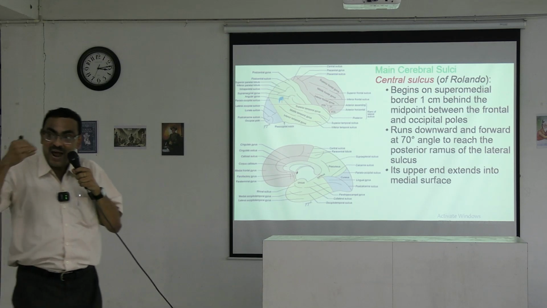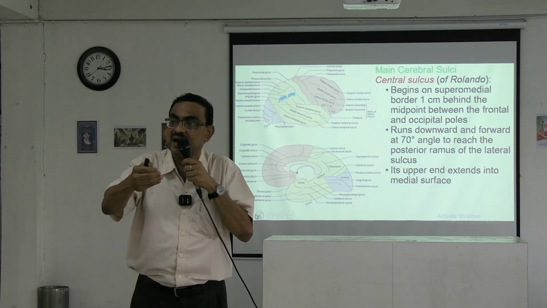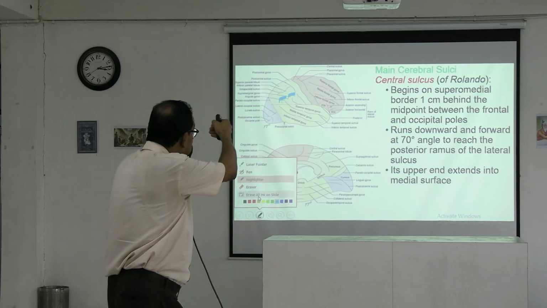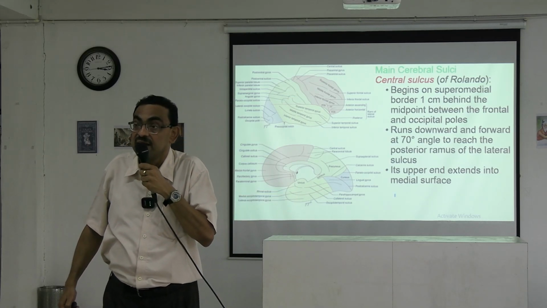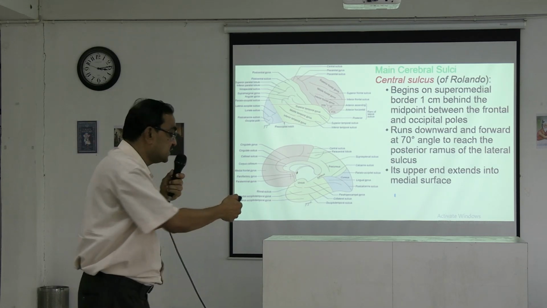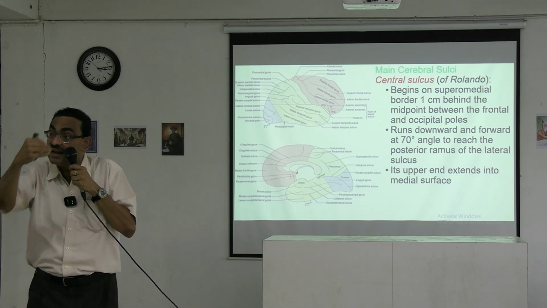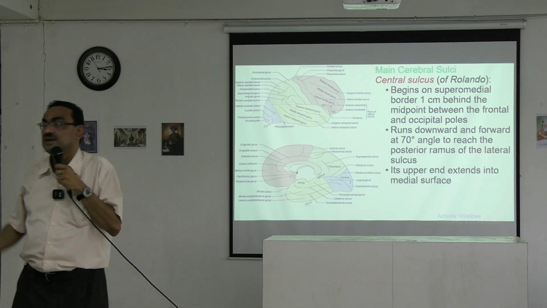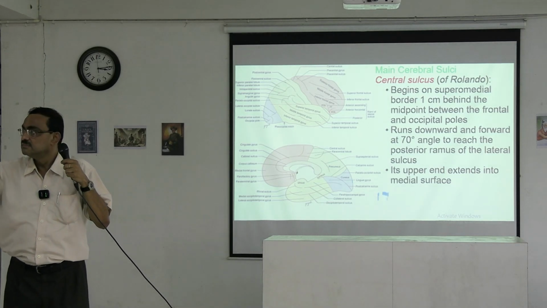So primary visual area, secondary visual area, and tertiary or visual association area, that is the area 39. So they are related to each other. If 17 is affected, I cannot see anything.